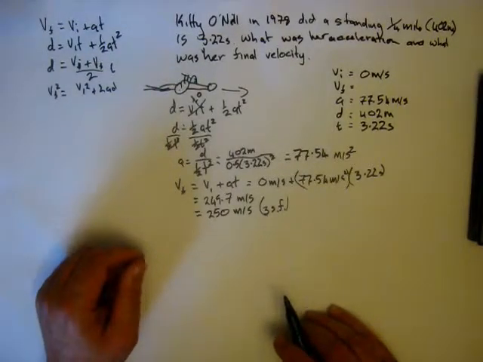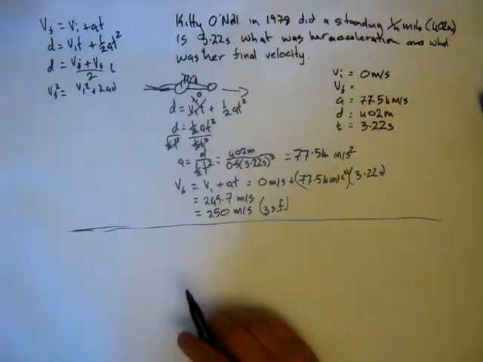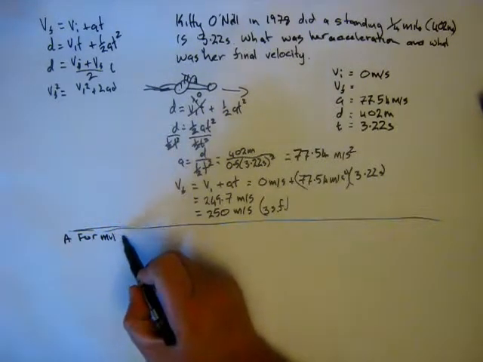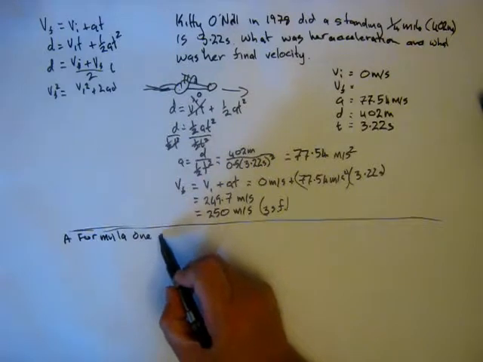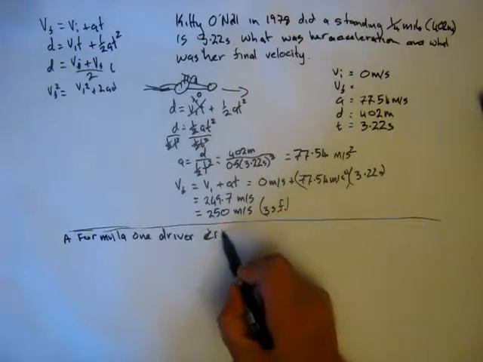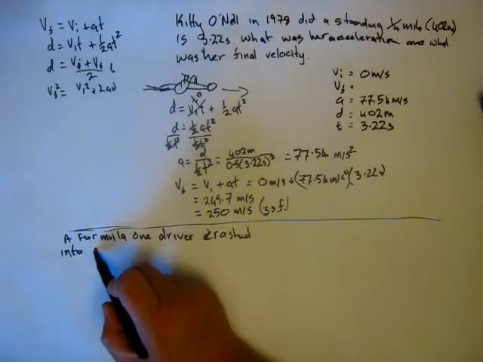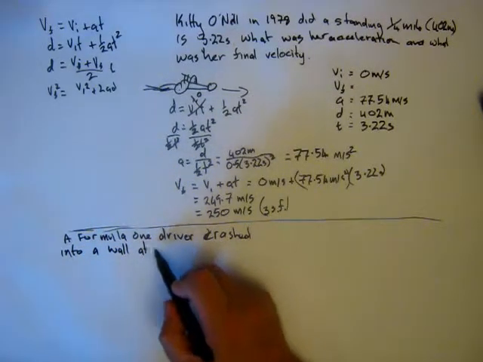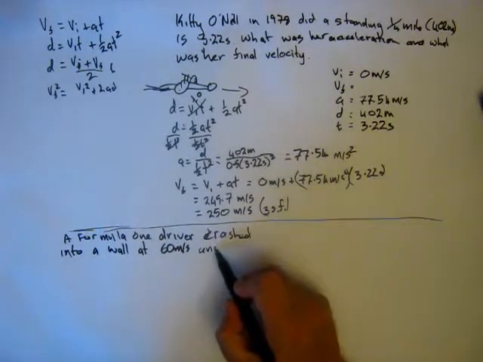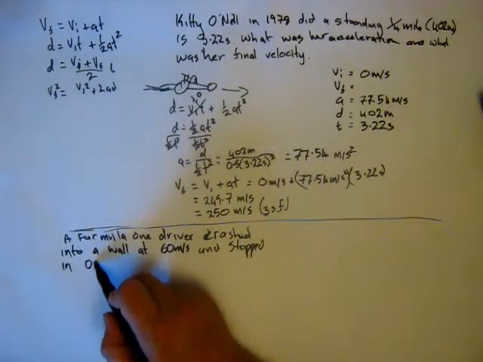Okay, another example that we can do, one of my favourite ones. Nobody died in this, but they were certainly seriously injured. A Formula 1 driver crashed into a wall at 60 meters per second, okay, just under that, and stopped in 0.3 meters.